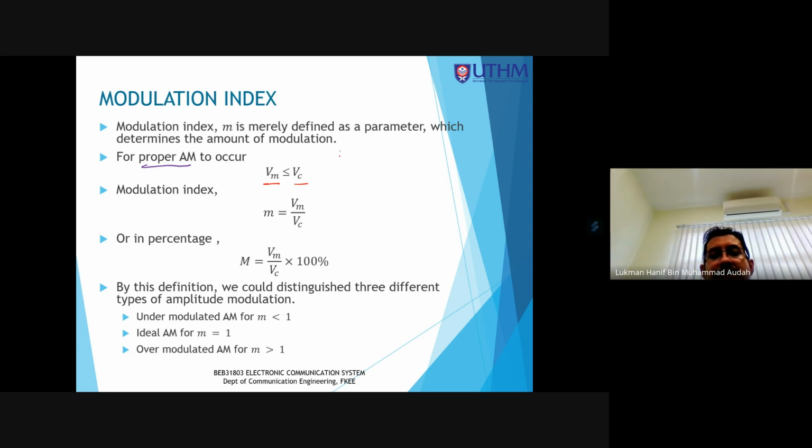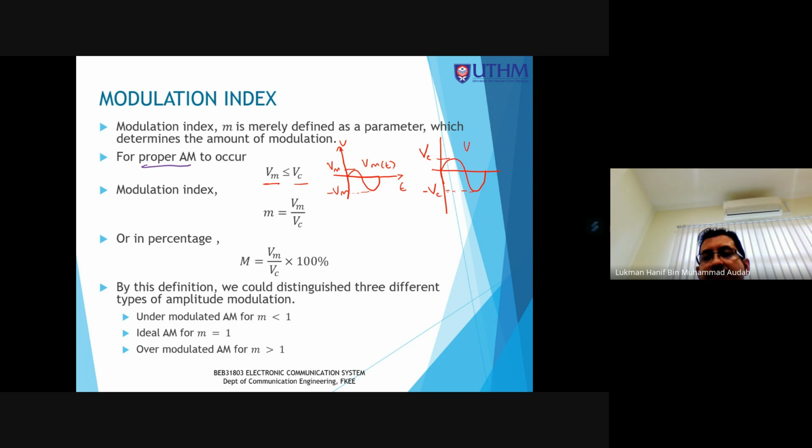Again, if I draw the signal, this is a sine wave. The peak amplitude here is Vm, and the other one is minus Vm. So this is Vm of t, time versus voltage. And if I draw the carrier, this is Vc, the peak amplitude on the positive side, while on the negative side we have negative Vc.